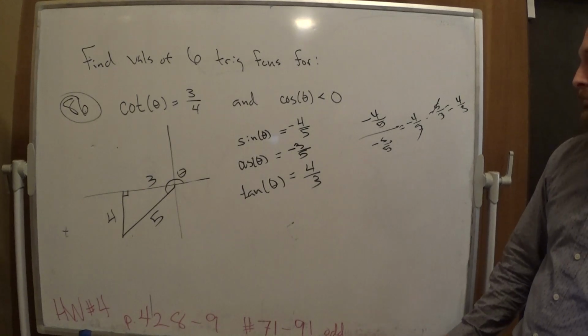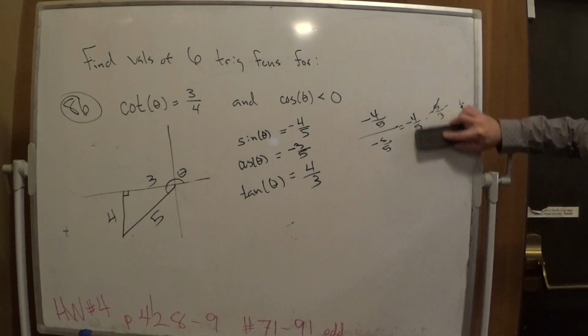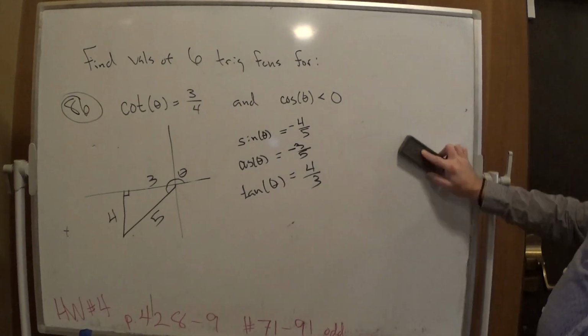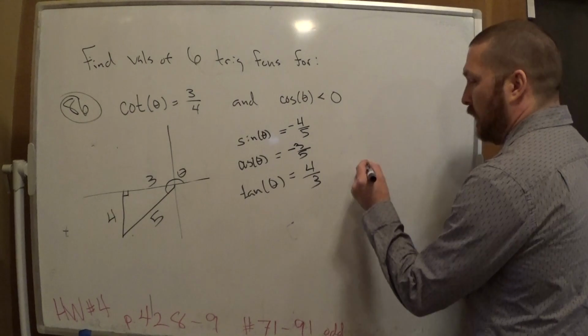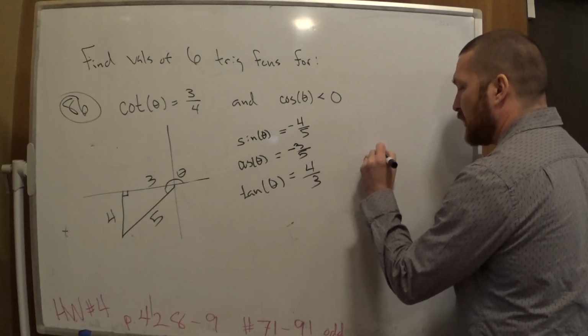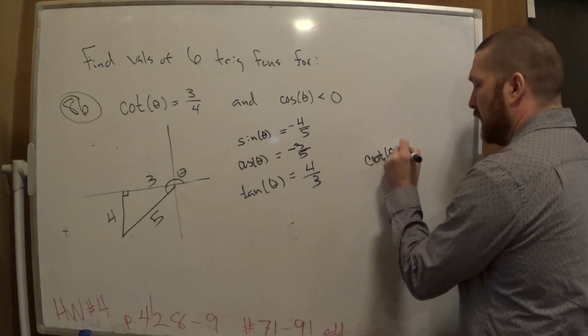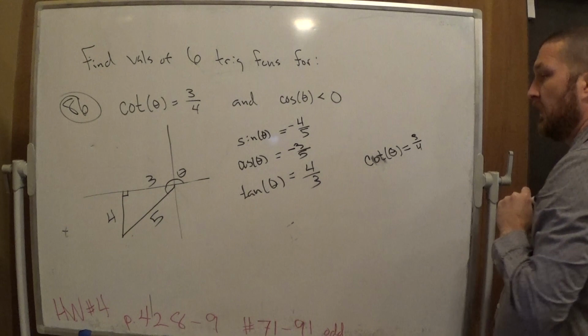I'm not going to bother with the others. And we already know what cotangent was. That's a great way of testing. On one hand, you know that your cotan, just looking right there, should be 3/4.